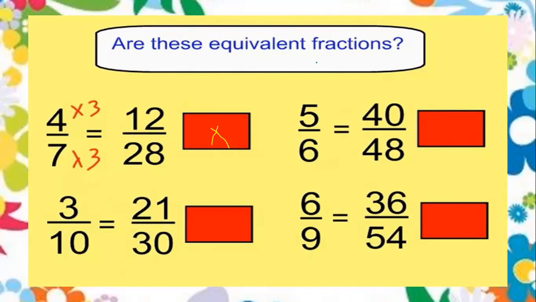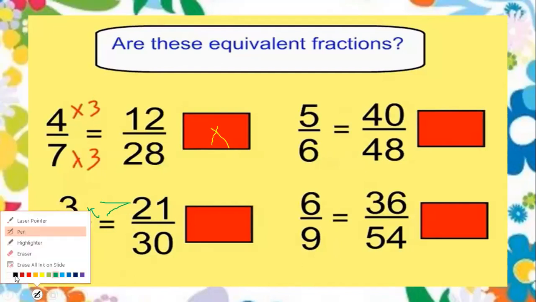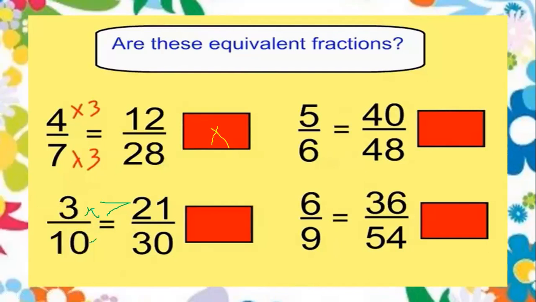Now, when we multiply 10 by 7, we get the answer 70.